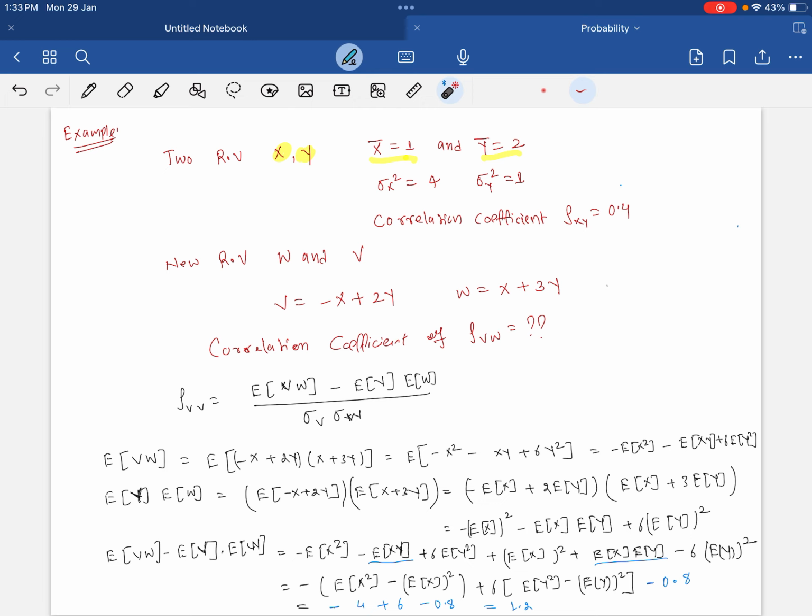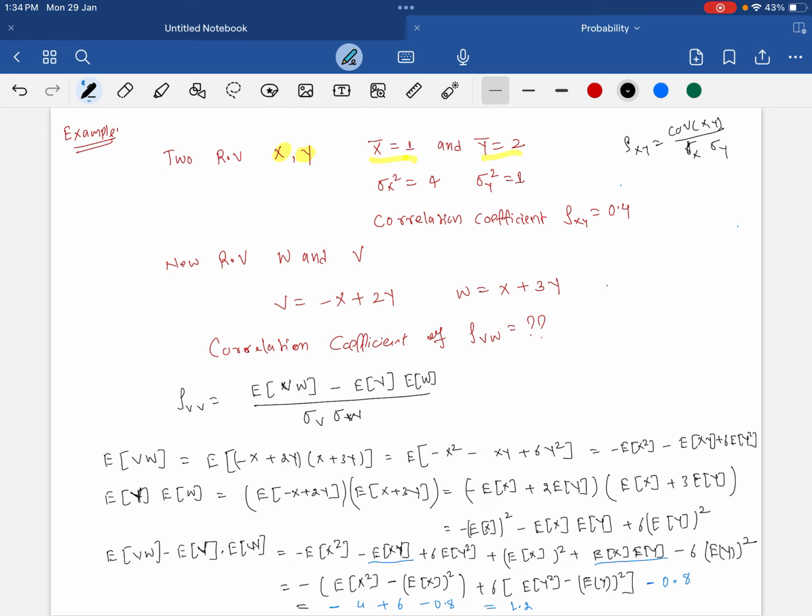We are also given the correlation coefficient, which we define by normalizing the covariance, dividing by the product of the standard deviations of x and y.